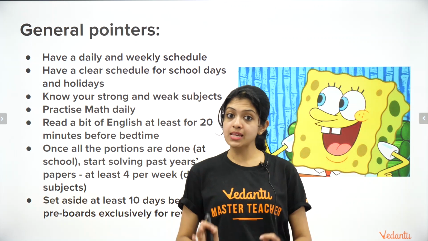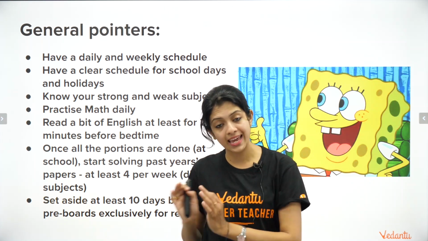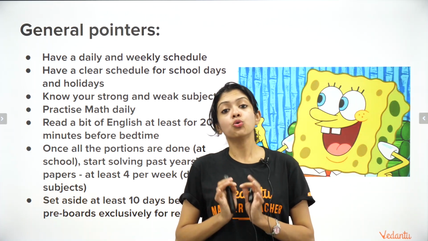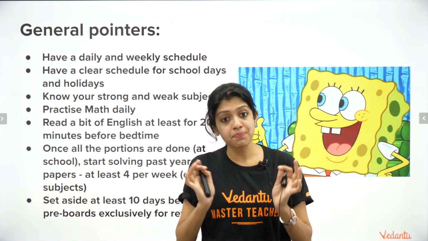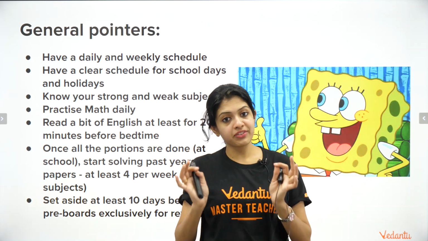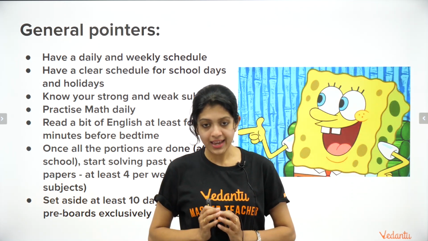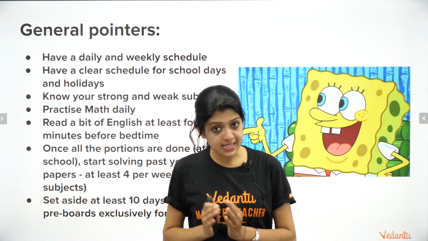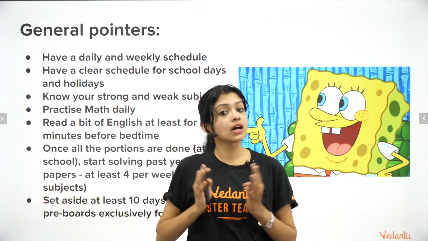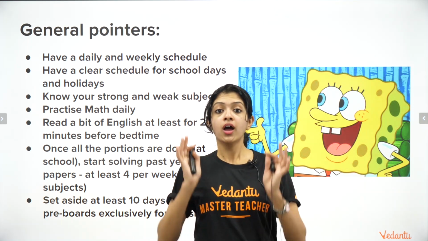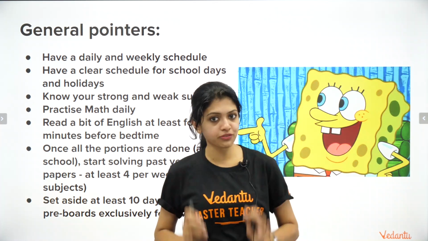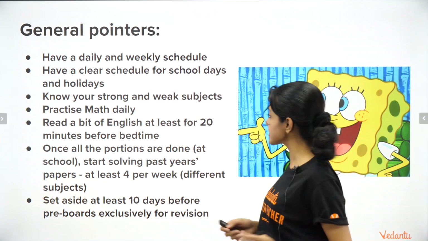I wouldn't say on every particular day, but in a week, you will definitely have to spend some time for every single subject that you have, right? So roughly, I think for ICSE, you have around 10 subjects to cover, right? So that's a lot. So in a week, make sure you create a timetable in which you have enough time for each of these subjects equally, right?